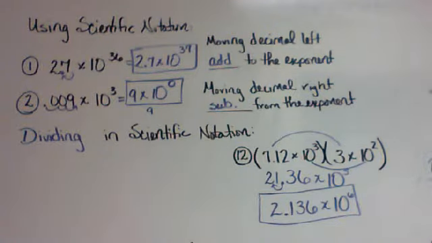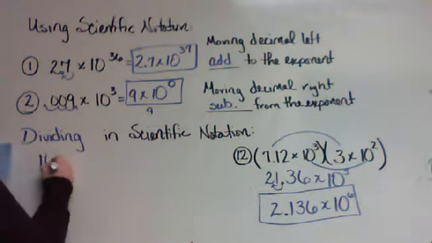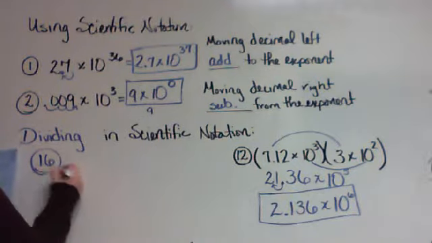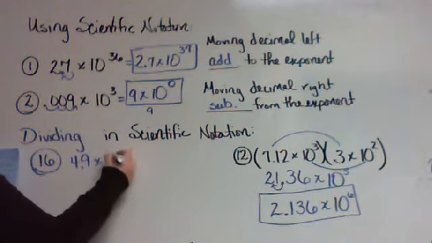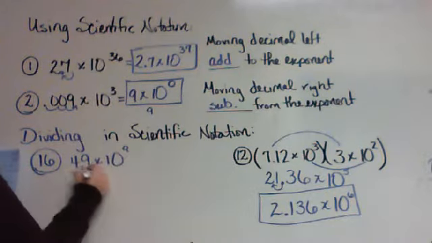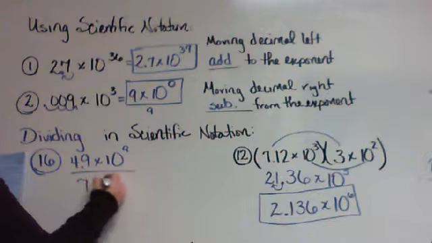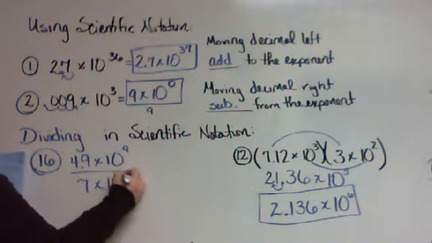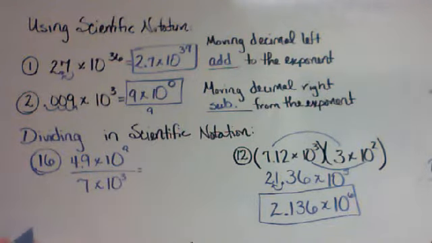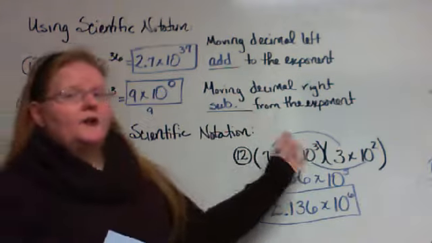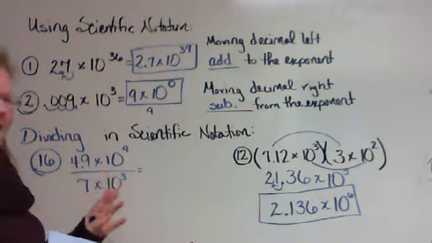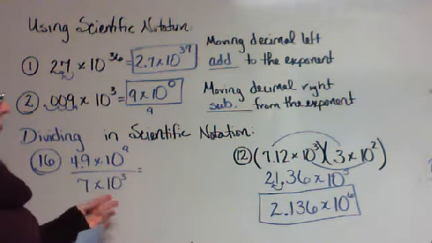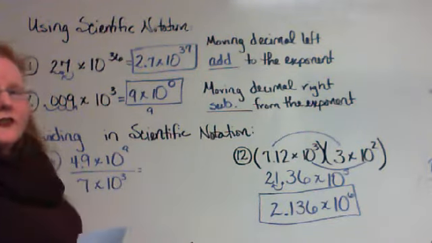Problem number 16. Says 4.9 times 10 to the 9th over 7 times 10 to the 3rd. Just like we could pick and choose what we multiplied over here, you can technically do that over here, only we're not really picking and choosing, because we know we want our answer to end up being in scientific notation.